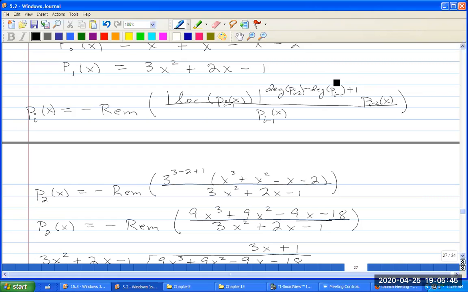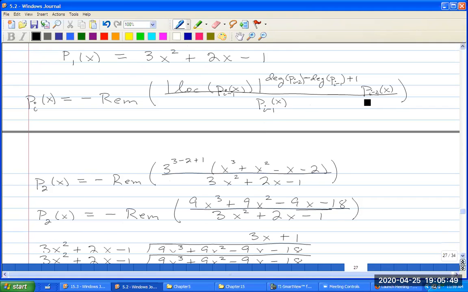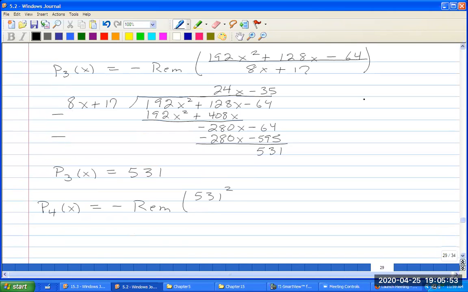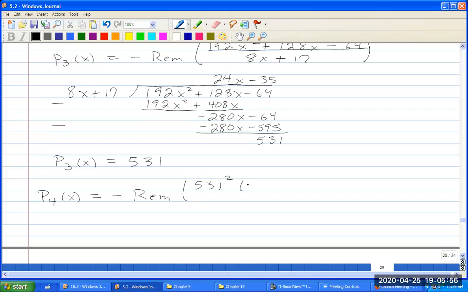So 1 minus 0 plus 1 is just 2, over the previous polynomial, which was 8x plus 17, over the 531. Well, I can do this.